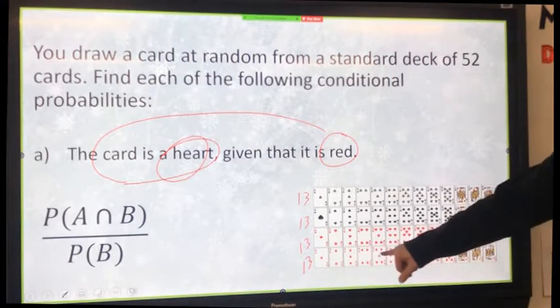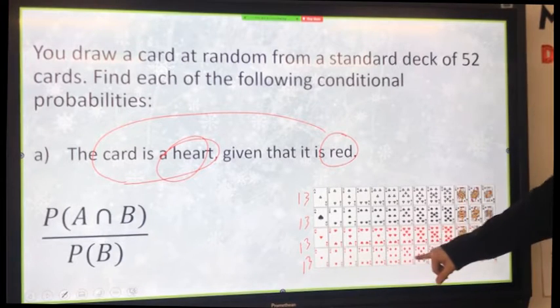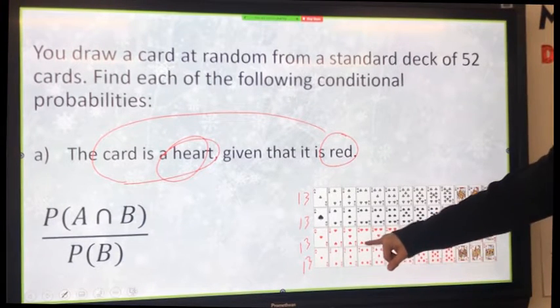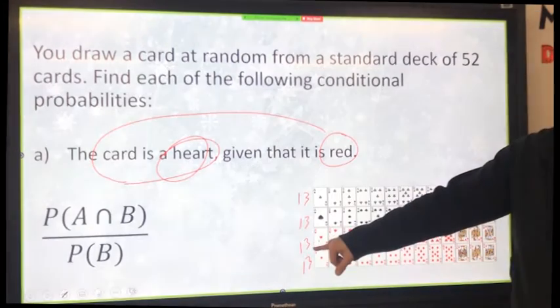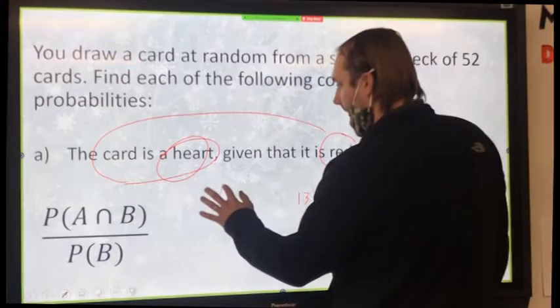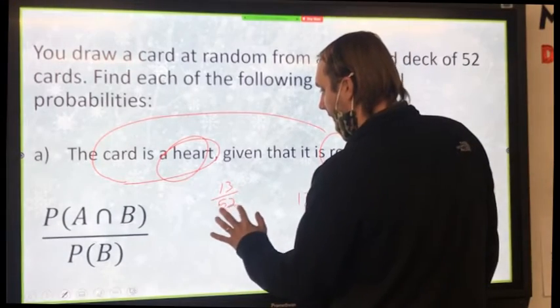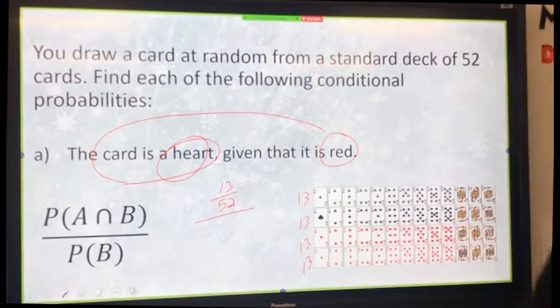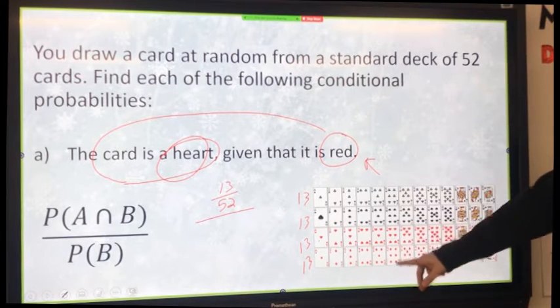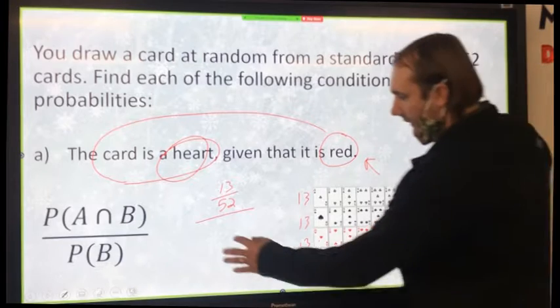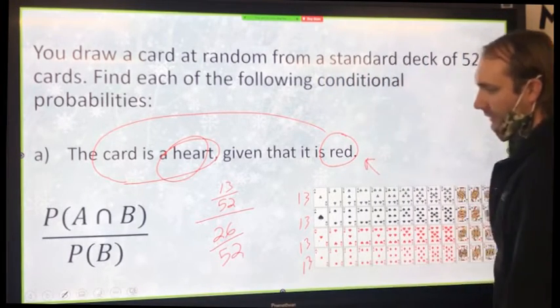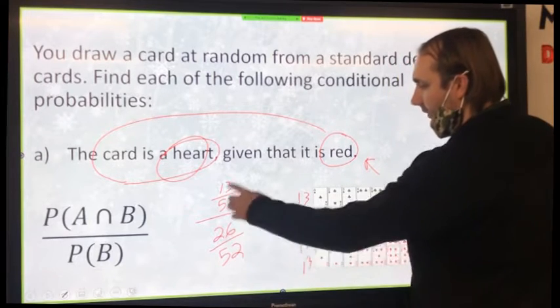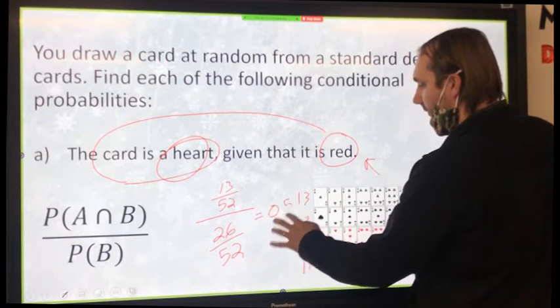Now, how many of my red are going to be hearts? How many hearts do we have? 13. So that's 13 out of a 52 card deck, and we're going to divide it by B, which is how many are red? Well, half of my deck is red, so that's 26 divided by 52. And doing this math, I see 13 over 26 is 0.5.